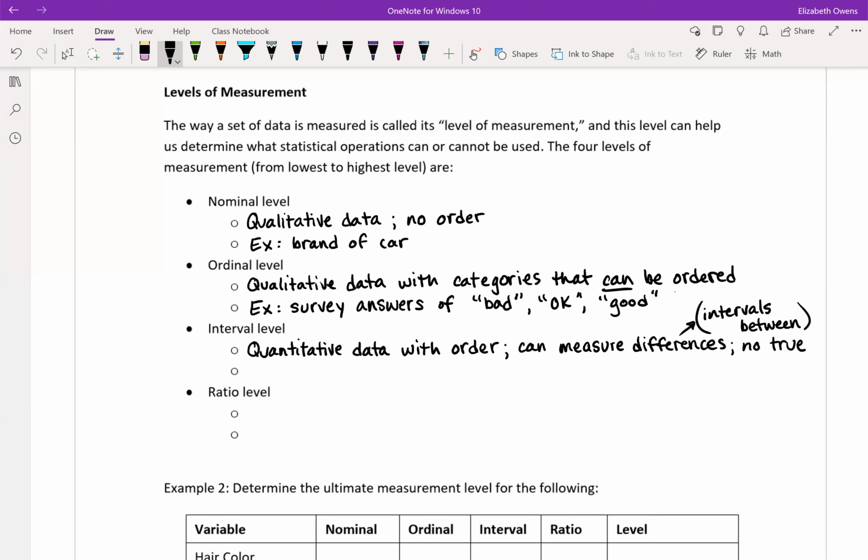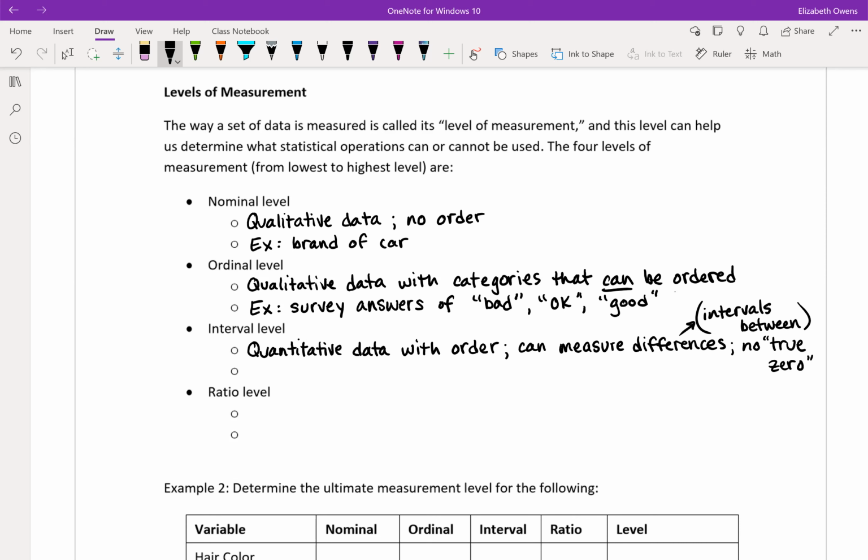Now, another characteristic on this interval level, which we'll talk more about in just a second, is that there's no true zero measurement. So going back to the idea of temperature, the Fahrenheit scale does have 0 degrees, but that isn't necessarily truly meaningful.